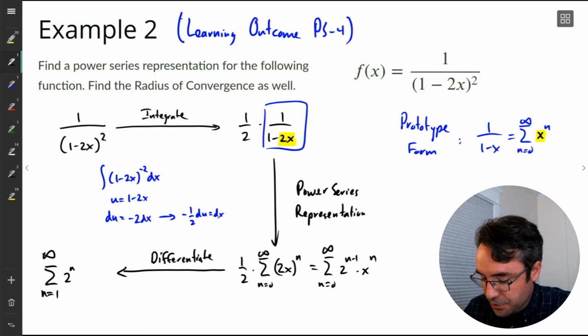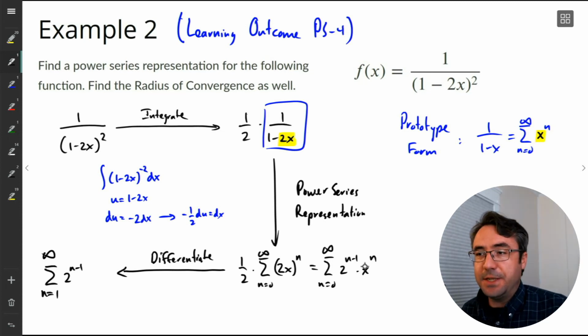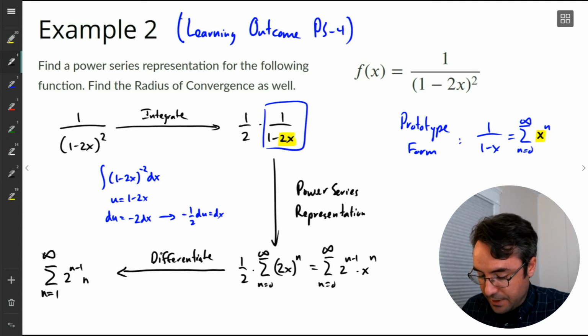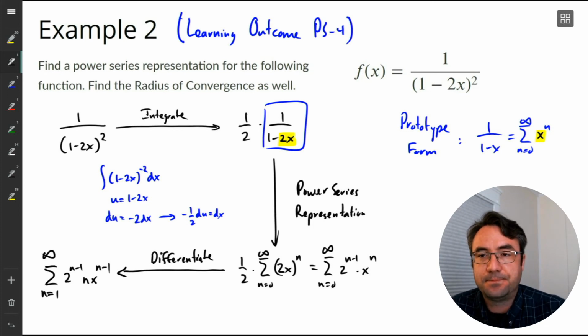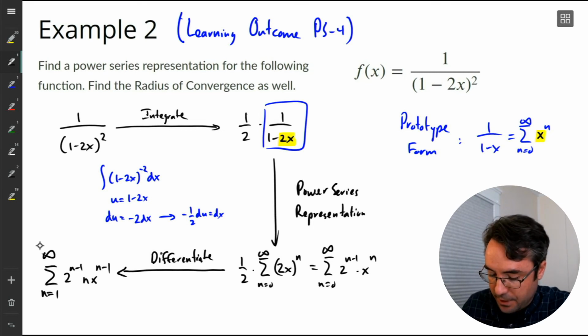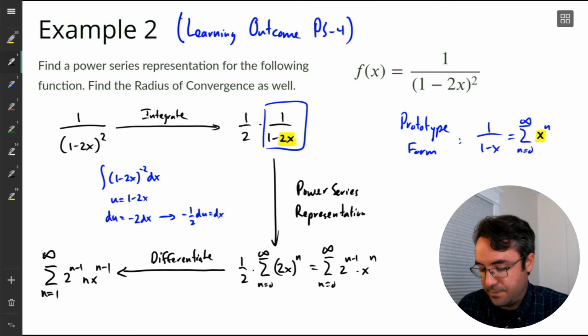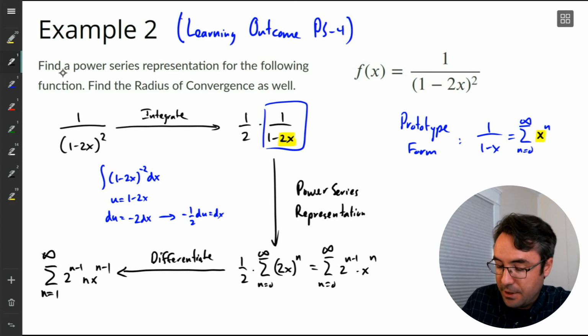And then we'll have the 2 raised to the n minus 1. And then it's just basic power rule here. So bring down the n, keep x the same, subtract 1 from the exponent. So that's just our derivative power rule. All right, so there we go. There's our power series representation for this.